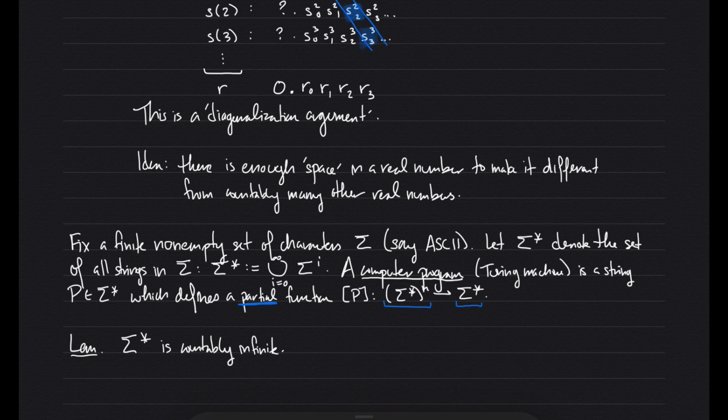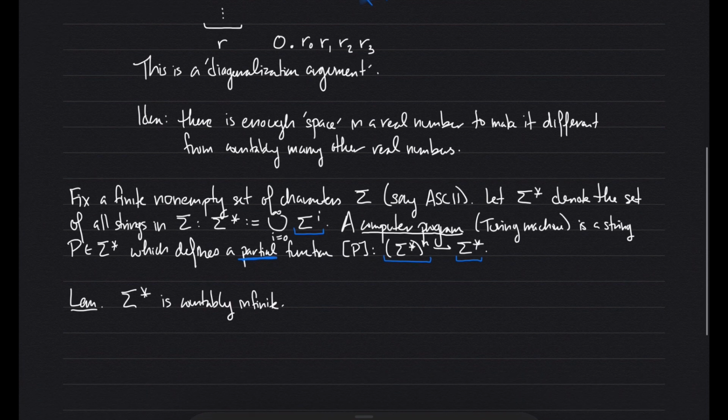But each one of these constituent sets, sigma to the i, is finite. And then when we take the union of them, we're going to get infinitely many programs that we can write. So infinitely many possible programs, and also infinitely many pieces of input that we can give a computer program.